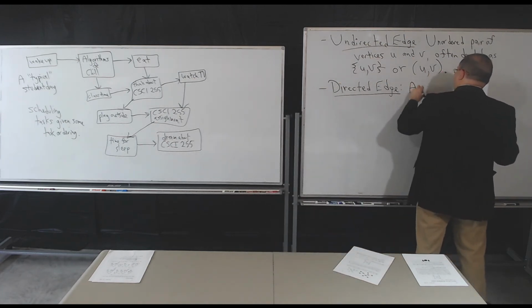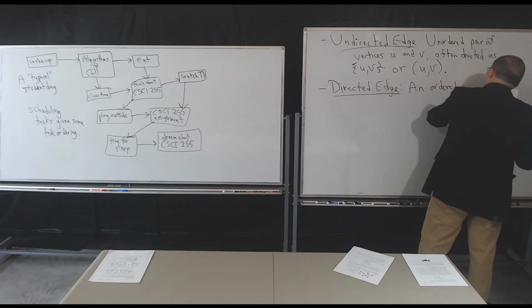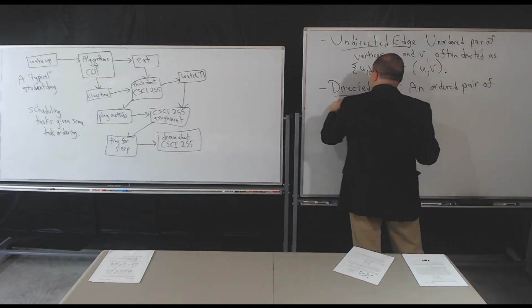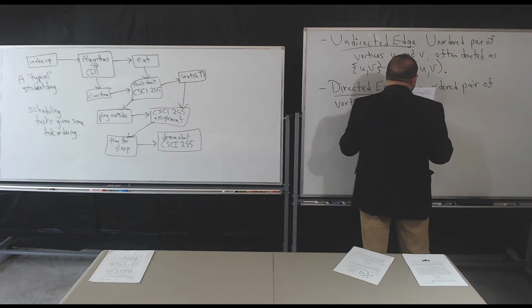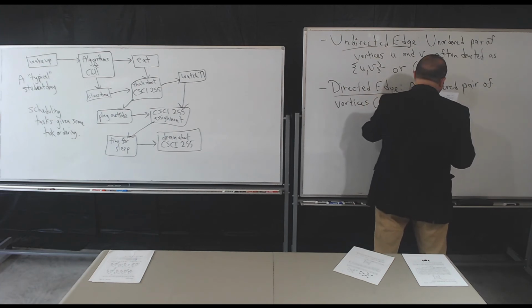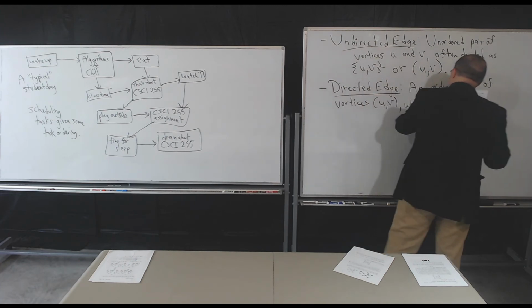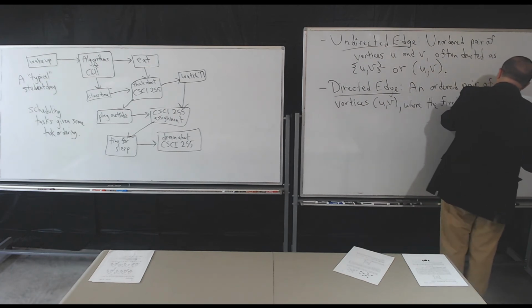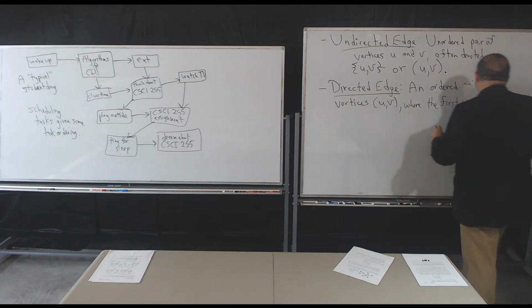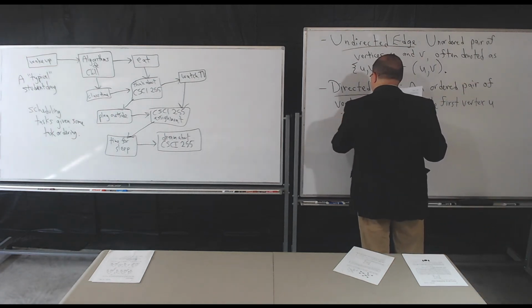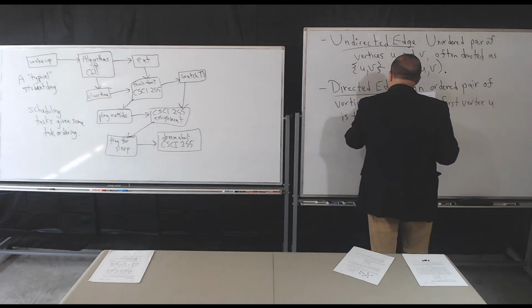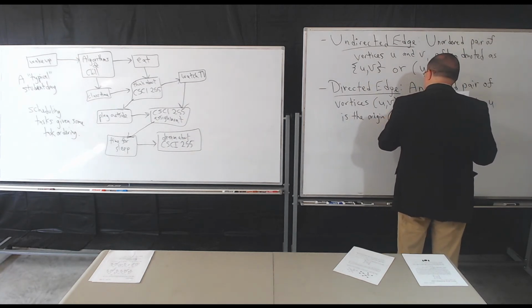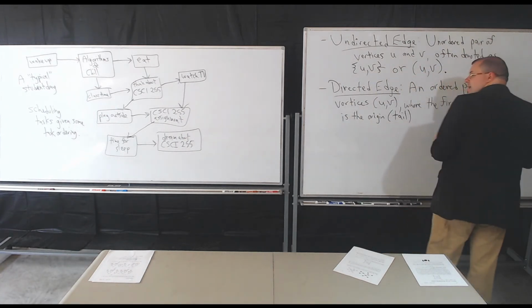It's an ordered pair of vertices (U, V), where the first vertex, U, is the origin, which is typically referred to as the tail.